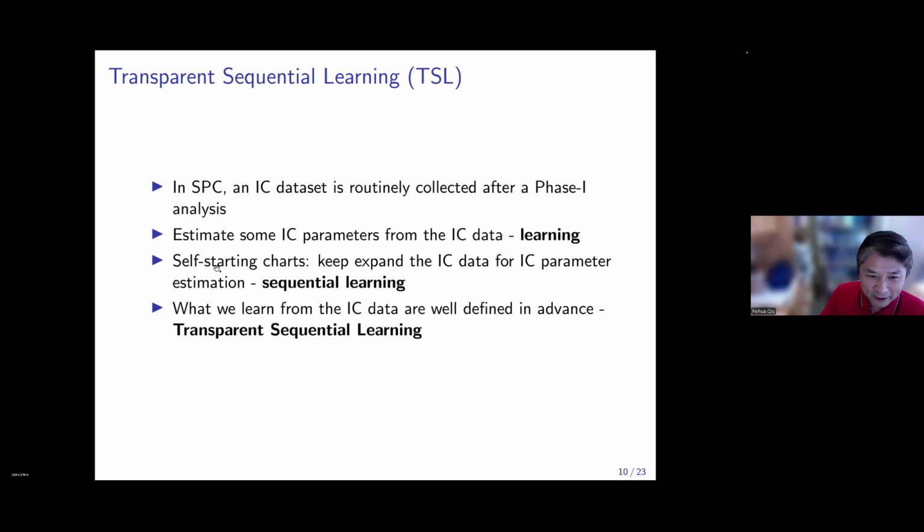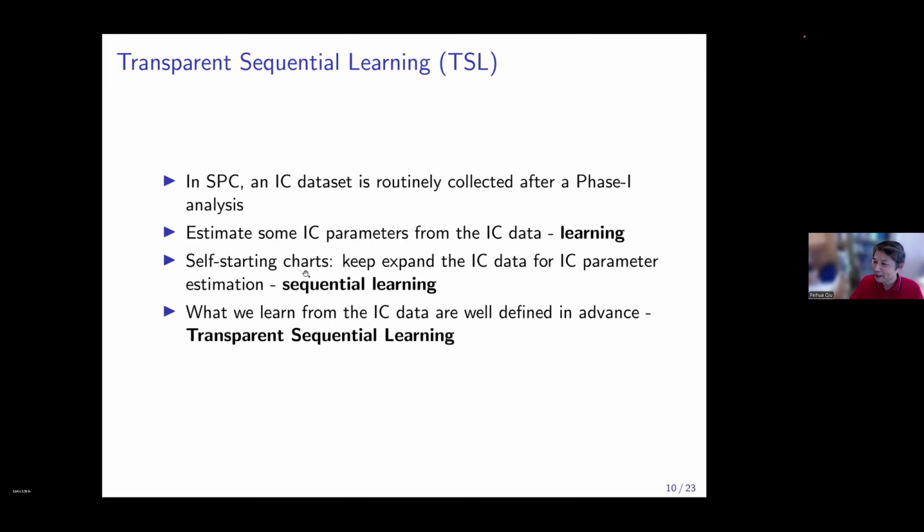And remember, my colleague, Dr. Hawkins, initiated a research area called self-starting control charts. Self-starting control charts mean that, in many cases, our initial data is very small, so the estimates of the mean and standard deviation could have quite large variability. So his idea is: at the current time point, if our decision is that the process being monitored is in control, let's combine the observed data at the current time point with the initial data.